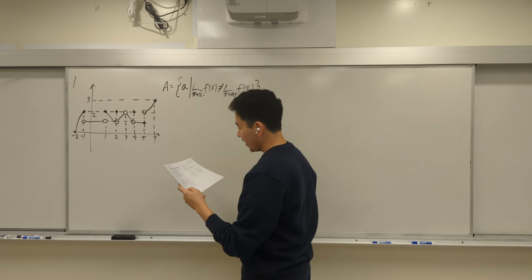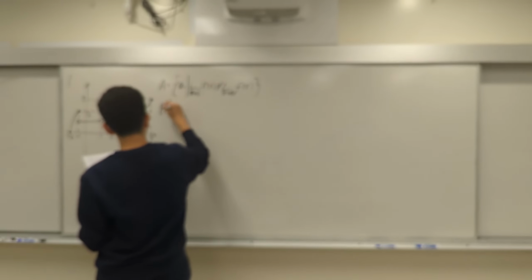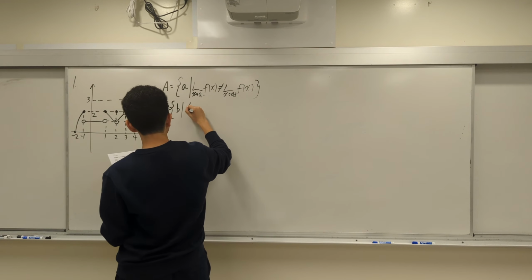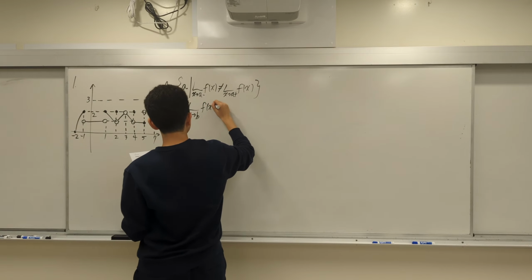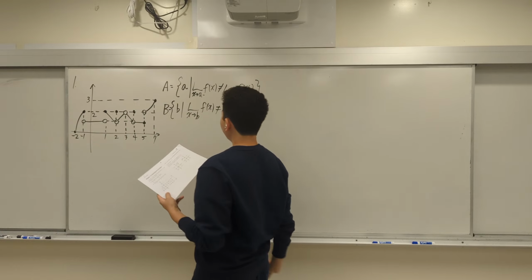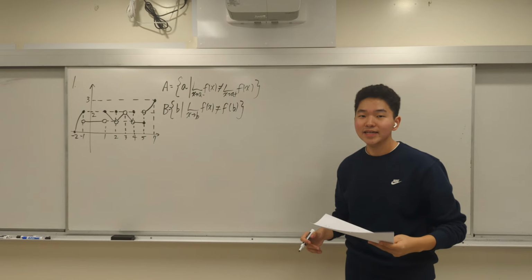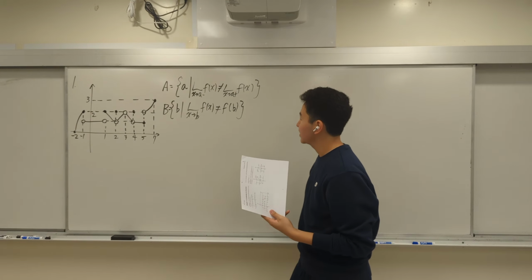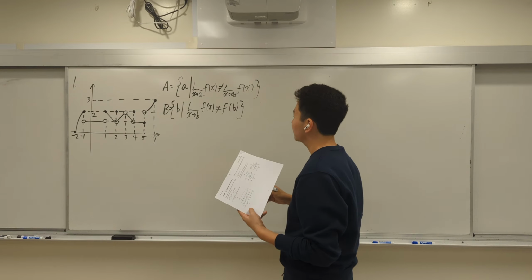And set B is everything B that satisfies the limit as x goes to B of f of x is not equal to f of B. So these two sets are basically different types of discontinuities. This one, the left and right limit does not exist. This one, the limit exists, but the function value does not exist.